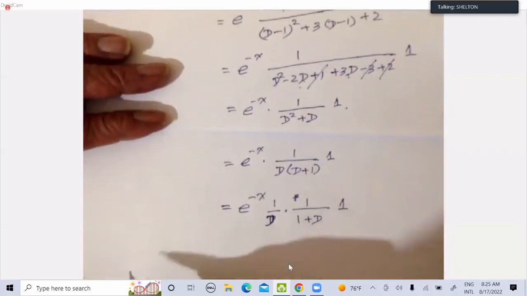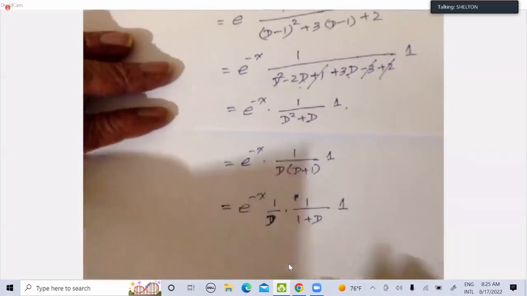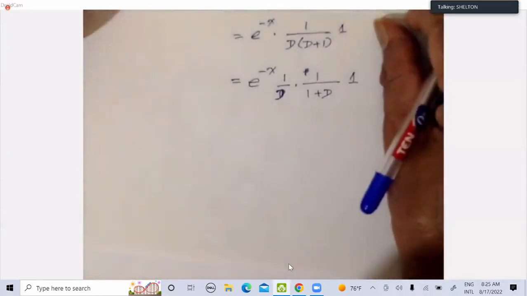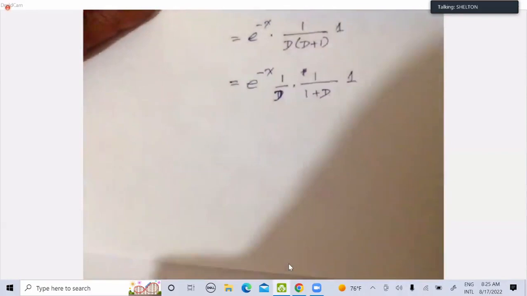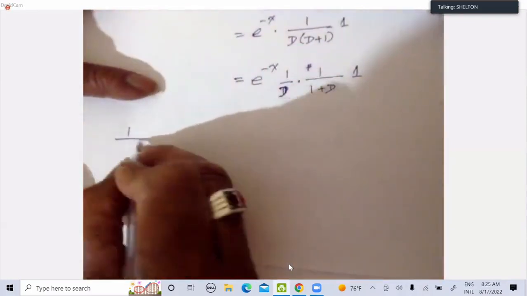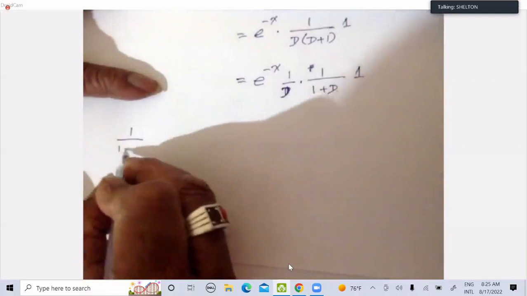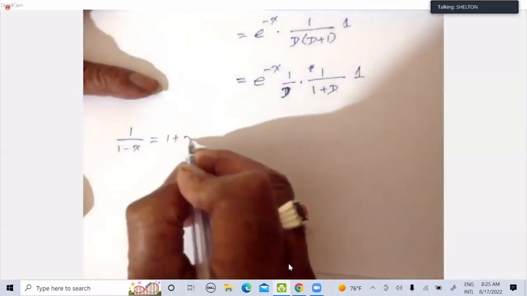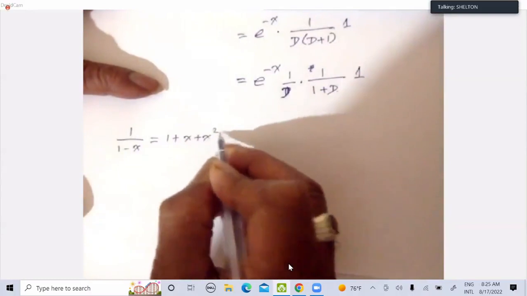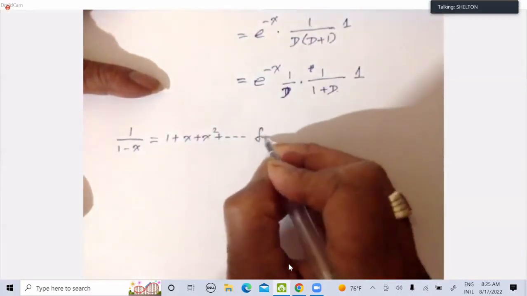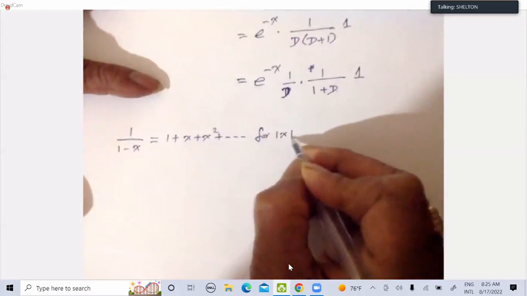Here, we have to use a formula that we learned under infinite series last semester. That is 1 over 1 minus x equals 1 plus x plus x squared plus and so on, an infinite series. This is valid only for absolute x less than 1.